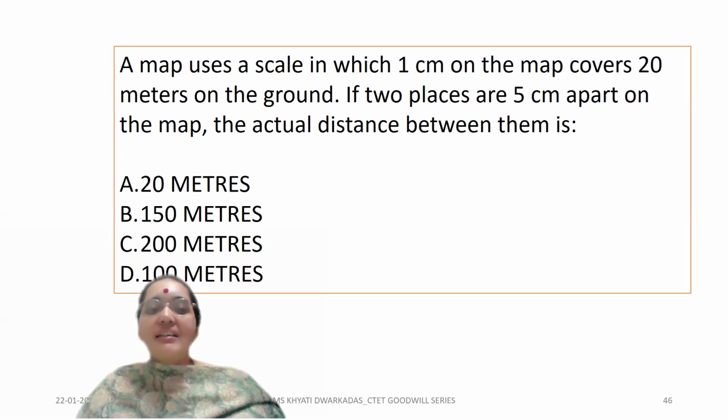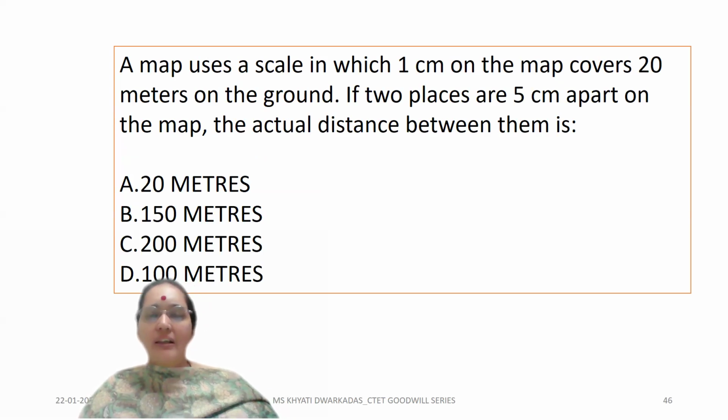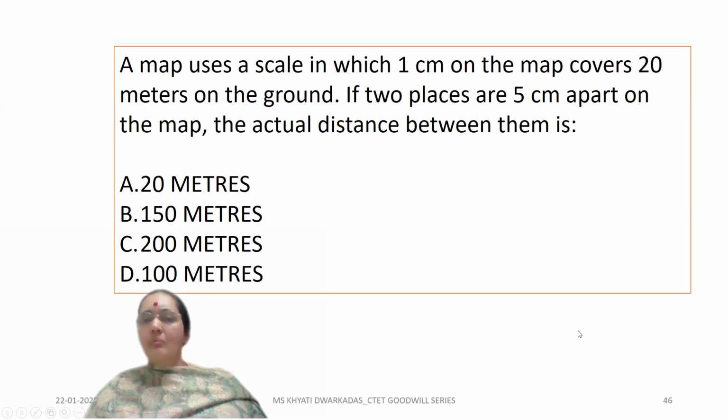A map uses a scale in which 1 centimeter on the map covers how many? 5 meters on the ground. If two places are 5 centimeters apart on the map, how many is 1 centimeter? 20 meters, I think, right? Yeah, 20 meters.